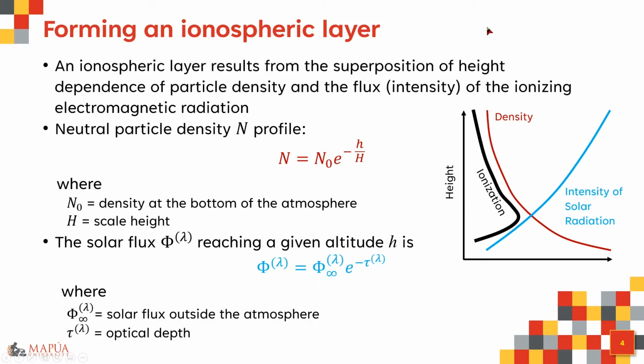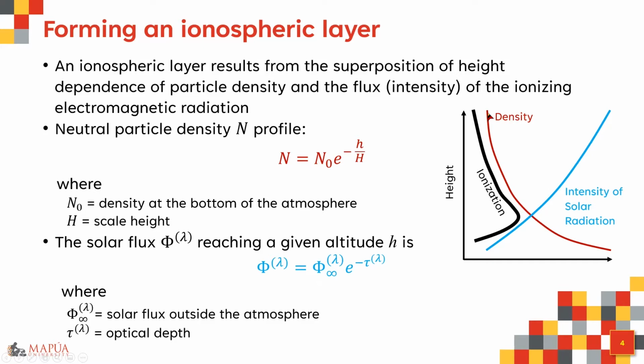However, because the majority of the source of ionization comes from photons from the sun, because of absorption and other processes like scattering, the amount of ionizing radiation that enters the atmosphere decreases as you go nearer to the surface.